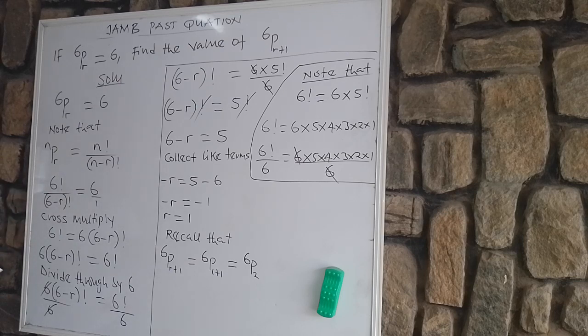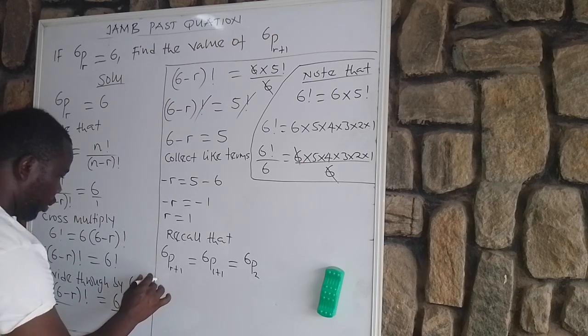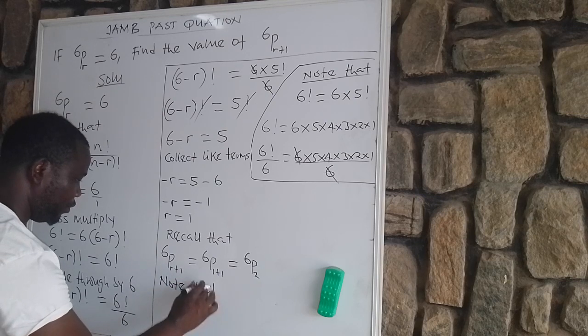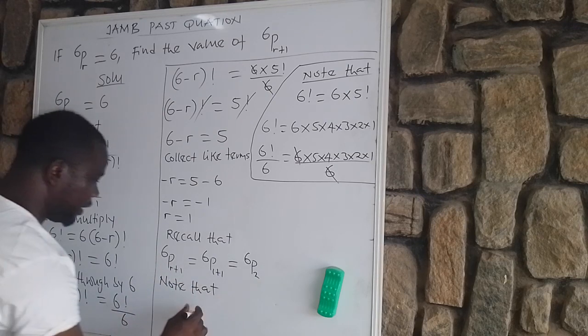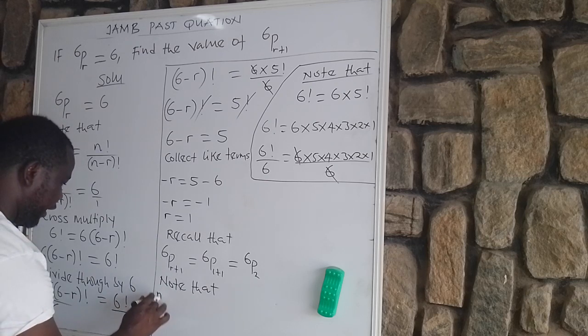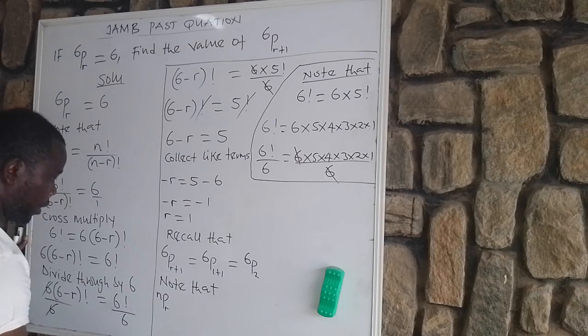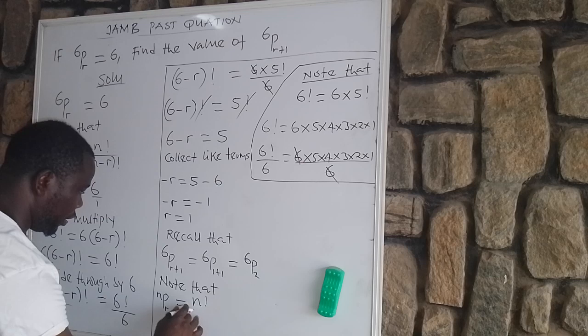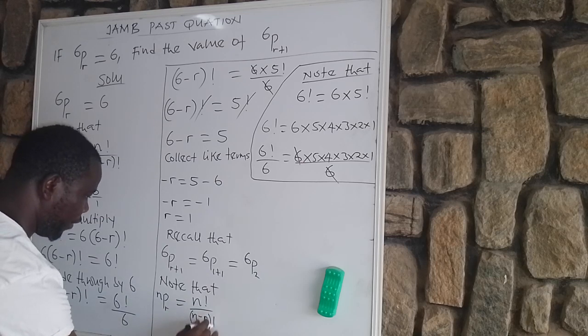Note also that n permutation r is equal to n factorial all over n minus r factorial.